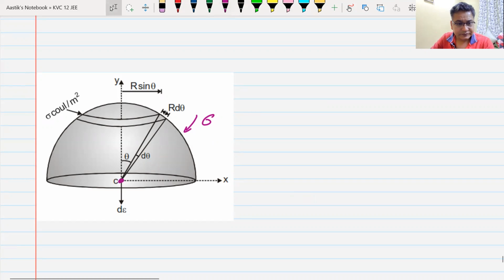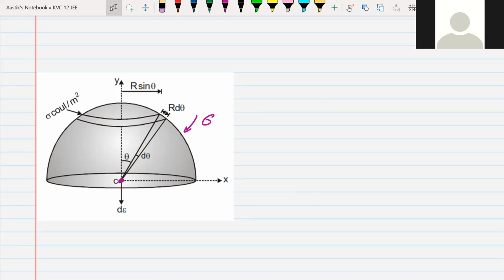First of all, tell me this. What will be the direction of electric field at this point? What will be the direction of field at this point?